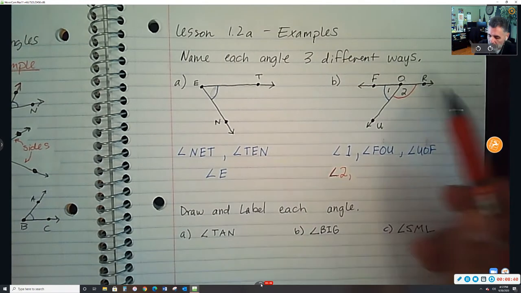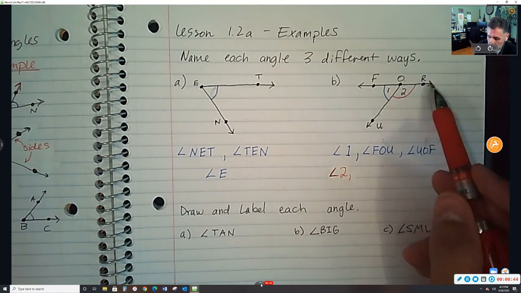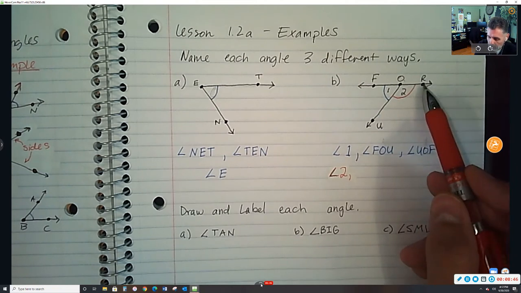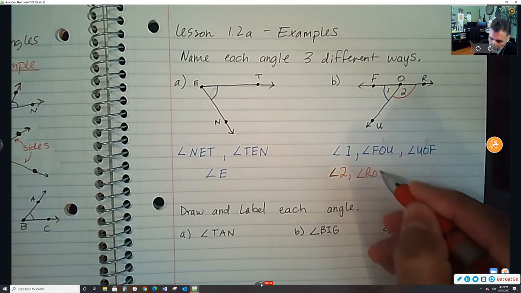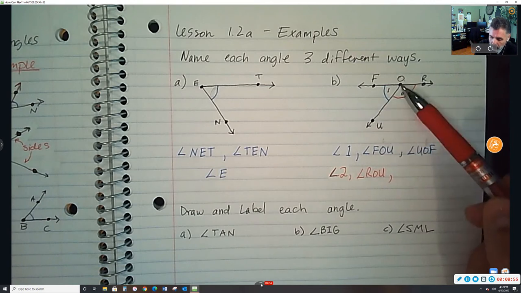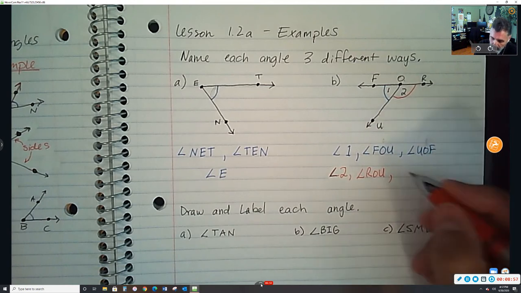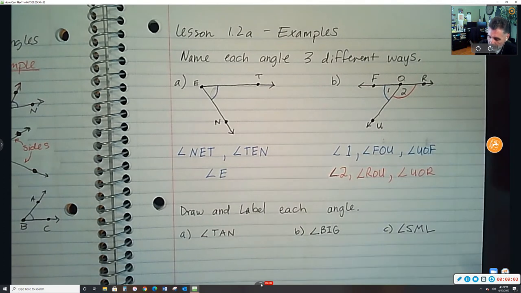Angle 2, again, if I follow it or if I trace it, see here's the angle. But to trace it by the rays, it's R-O-U, R-O-U. And then if I go back in the other direction, it's U-O-R. Angle U-O-R. Okay.